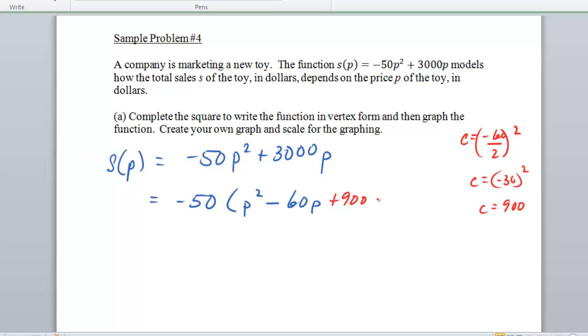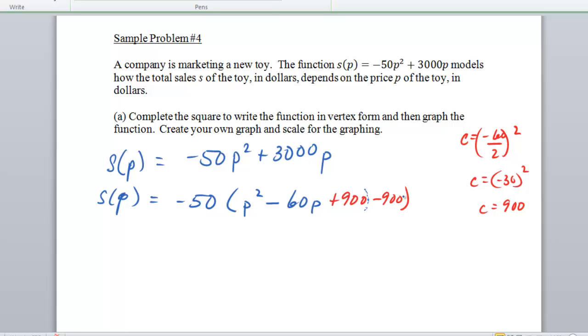Now we showed you in an earlier example that if we add a 900 without adding it to both sides, we technically also need to subtract that at the same time. Now this is going to leave us a little bit of a different problem here, because really what I want to do is I want to be able to just have this 900 so that I can complete the square. But everything inside this parentheses is technically a multiple of the negative 50.